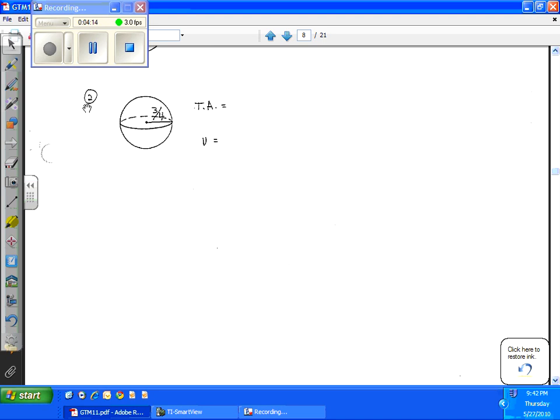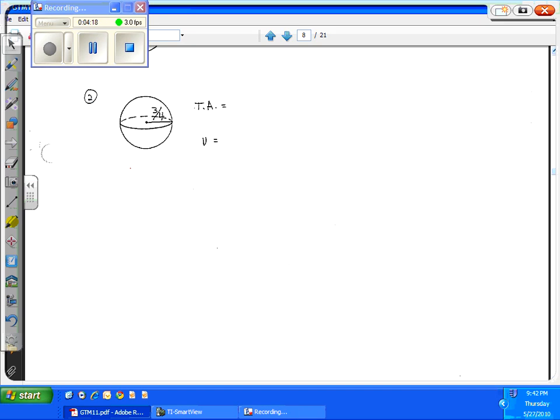We want the total area and the volume. So the total area is 4 pi r squared. So 4 times pi, we're going to use 22/7 this time because our radius is a fraction. So 4 times pi times the radius squared, which we could just write as the radius times itself if we wanted to.